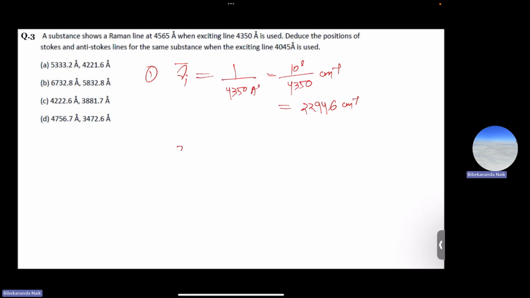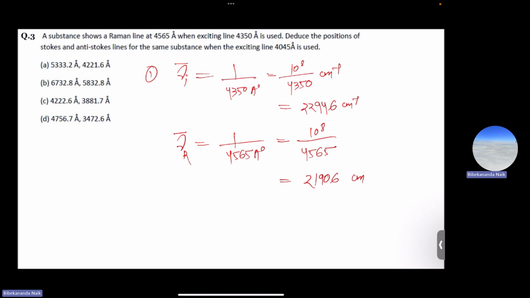Now, the Raman line, whether this is Stokes line or anti-Stokes line, we don't know. So we simply write it as nu r bar, which will be 1 by 4,565 Armstrong, which is 10 to the power 8 divided by 4565, which is equal to 21,906 centimeter inverse.